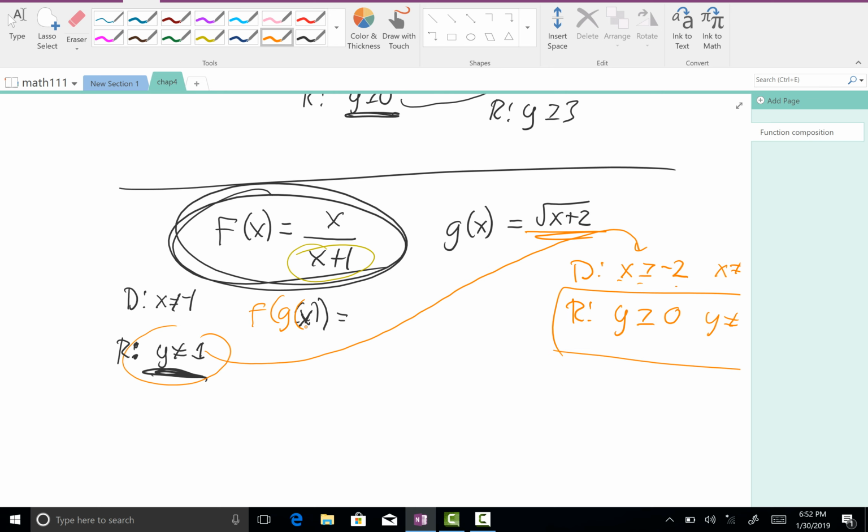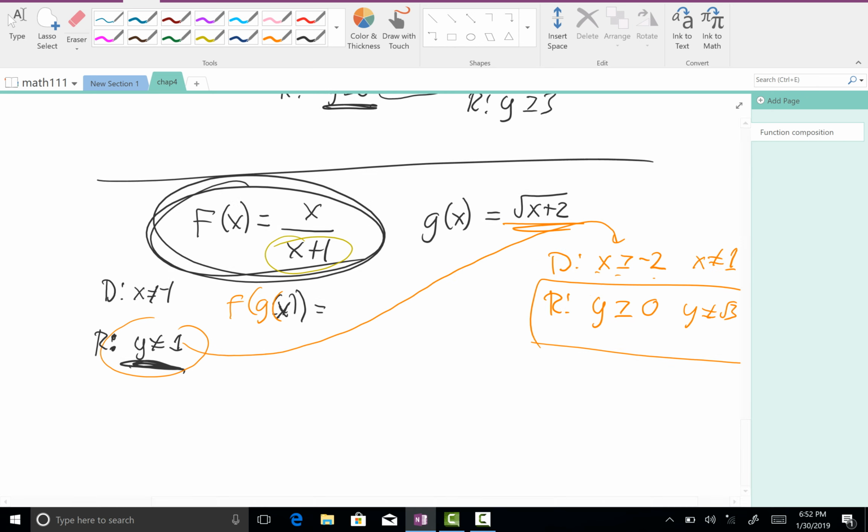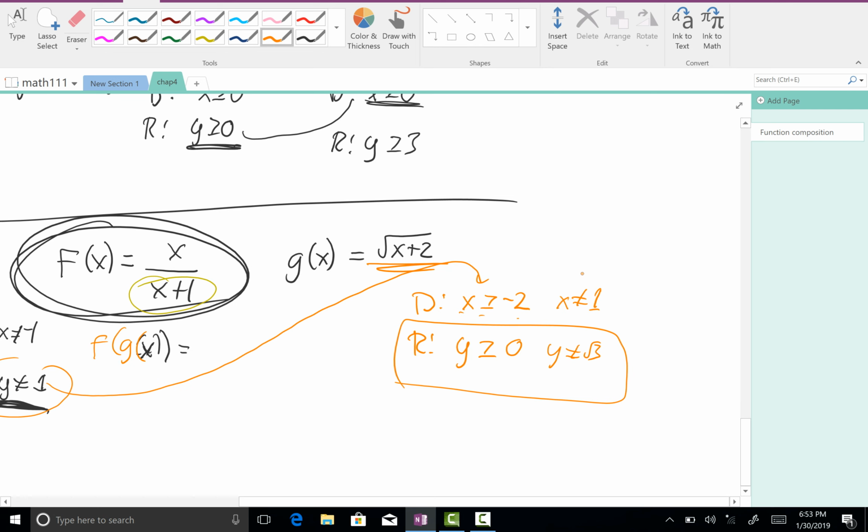Why they can't? Well, Desmos isn't going to show you that. I don't think. It would be really hard to do. Here, let me show you. So we said that x cannot equal 1, right? So if I put 1 into here, I'm going to get the square root of 3.